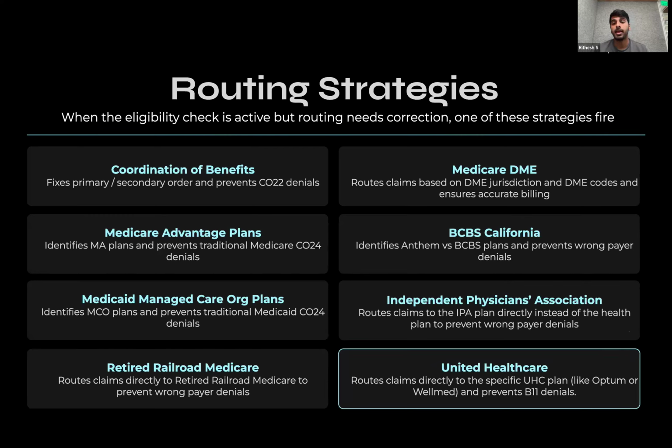The other point that I would emphasize is that eligibility check data is not uniform. Some payers are generous with the information that they share, some are not. So our system should be able to handle all of these different payers well. We have a ton of guardrails baked into the system, right?